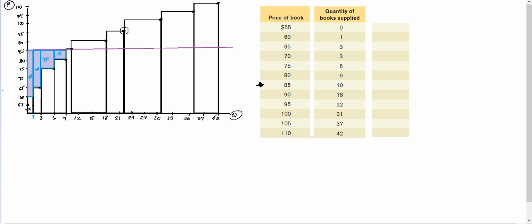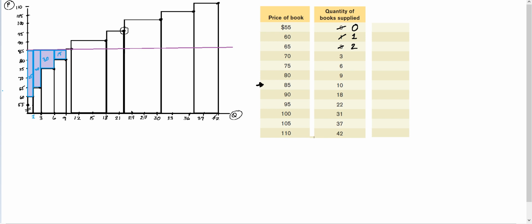When the price is $60, we have one seller that comes in to sell at that price. When the price of the book is $65, we now have 2 more sellers who come in to sell a book at that price. When the price of the book is $70, we have no more sellers come in whose willingness to sell their book is at least $70.